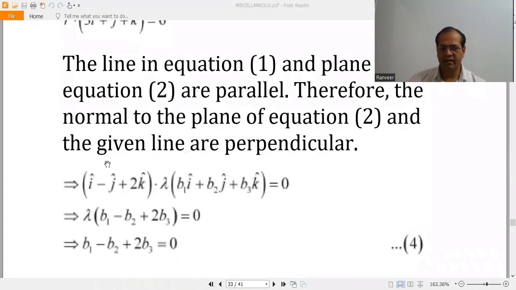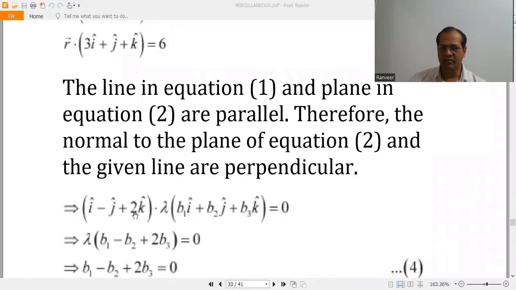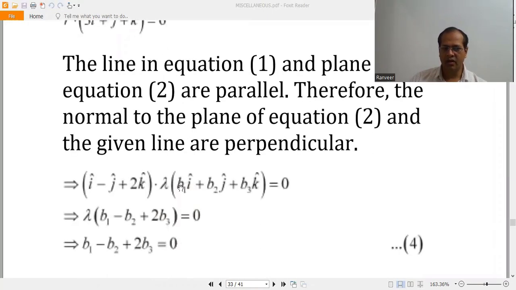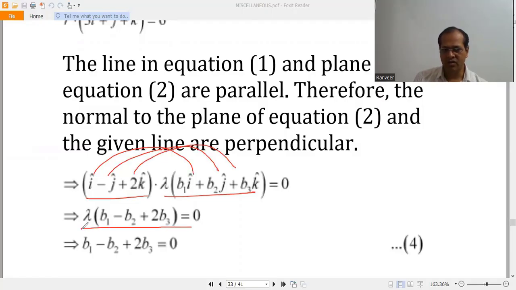Based on that we can take (i minus j plus 2k) dot lambda (b1 i plus b2 j plus b3 k). After finding the dot product, lambda is a constant, so b1 minus b2 plus 2 b3 equal to 0.